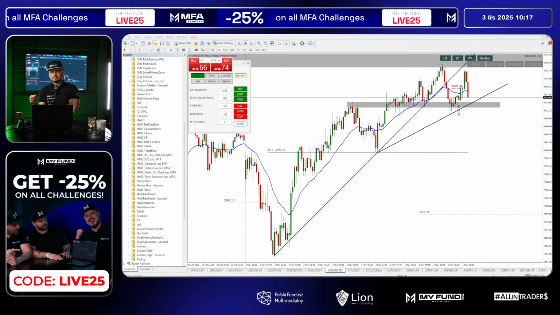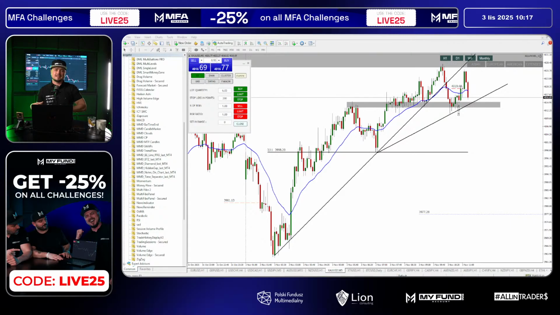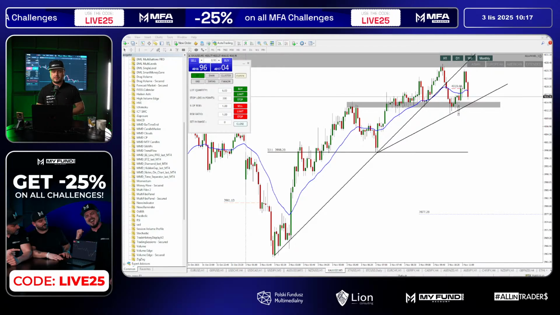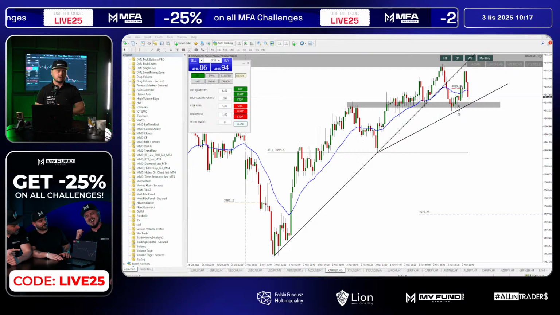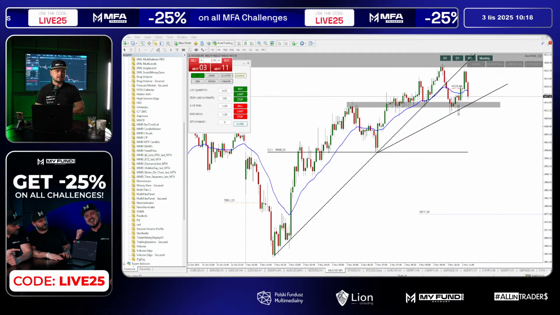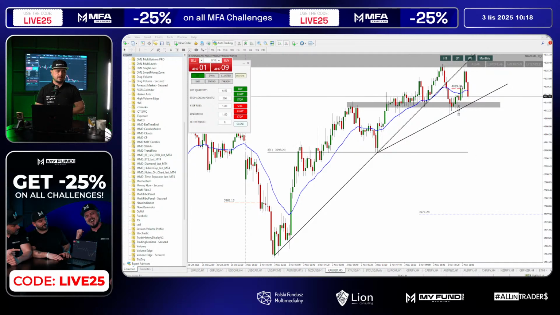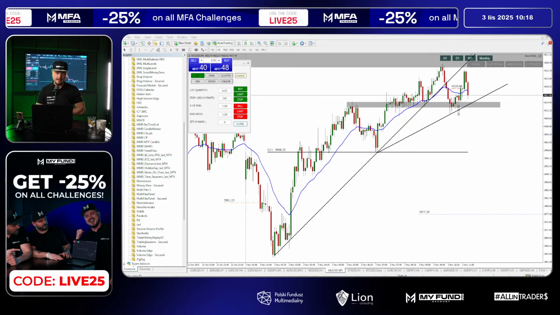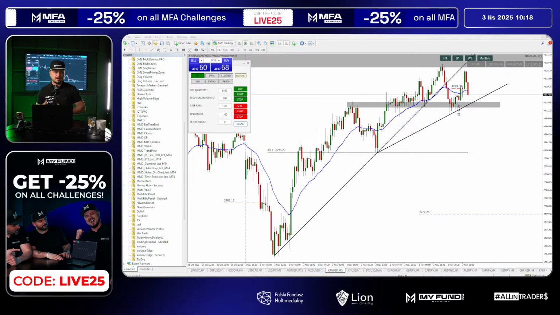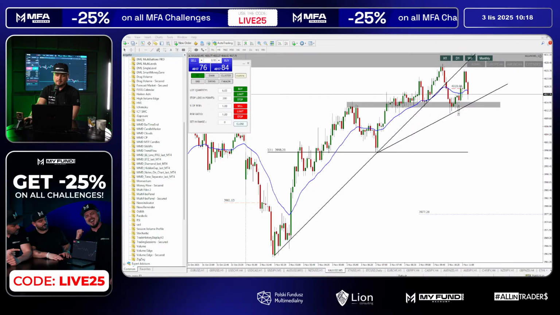That's the difference. And less emotions, because you are focusing on just one or two trades, and it doesn't take too much time. If you are trying to open 20 trades, maybe more, you need time for that. You need to analyze every single trade, so it might be hard.